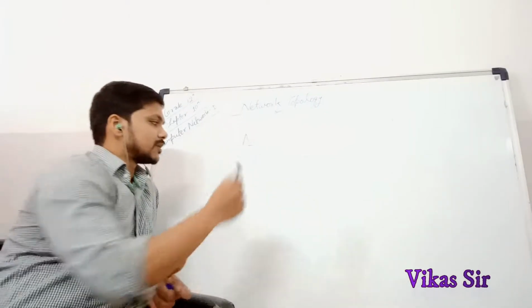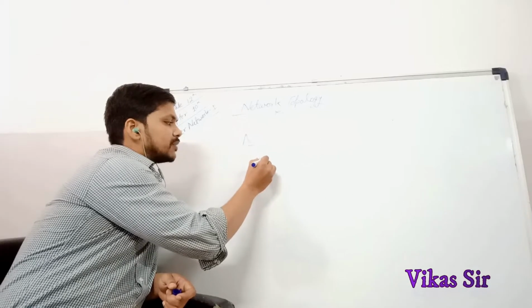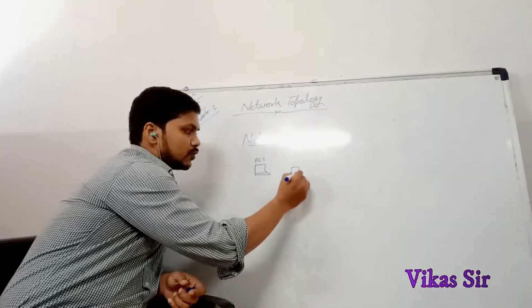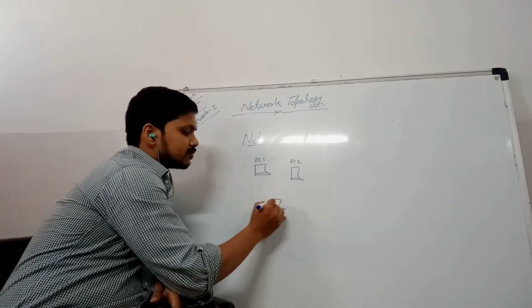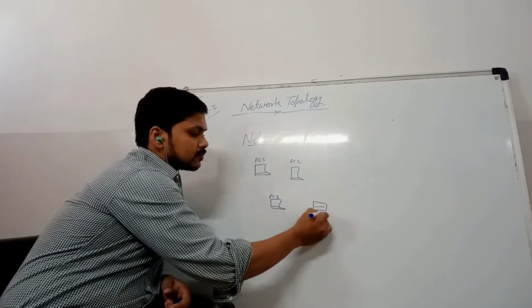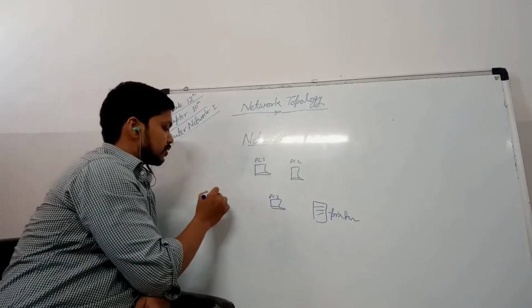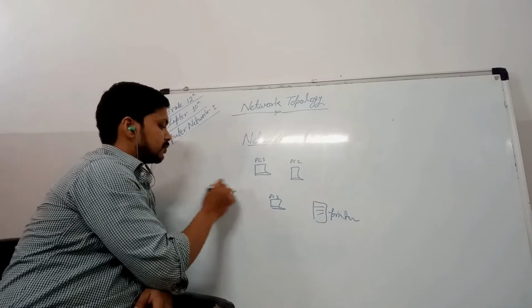I am giving a very simple example. Let us assume this is PC number 1. PC means personal computer. This is PC number 2 and this is PC number 3, and this is your printer, this is your scanner.